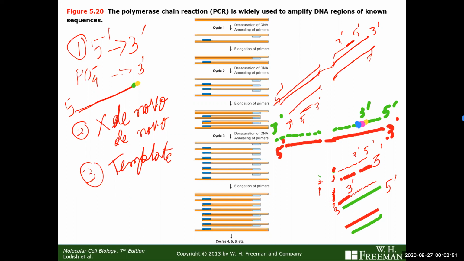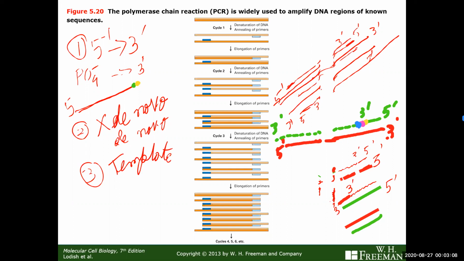So that way, this will elongate the first round. This will elongate and it will go beyond. But in the second round, here the primer will anneal only here. Okay, and this primer will anneal here. So there you will get the defined length.